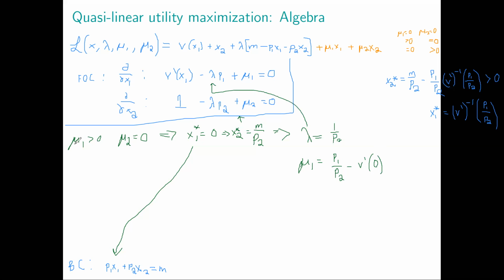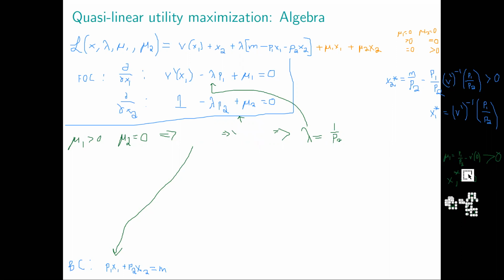Right, but here we assume that this was greater than 0, so this also needs to be greater than 0 for a case. Right, so this is going to be the thing that defines this case, similar to how this condition for x2 star defined the previous case. So I'll just shrink this down a little bit and save it for later. So I'll put that over there. And then also we have this as well, right? So when this is the case, we can put this here.